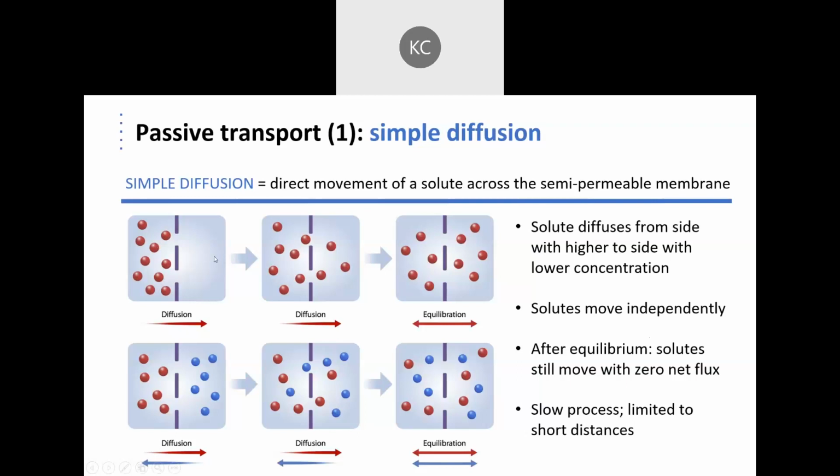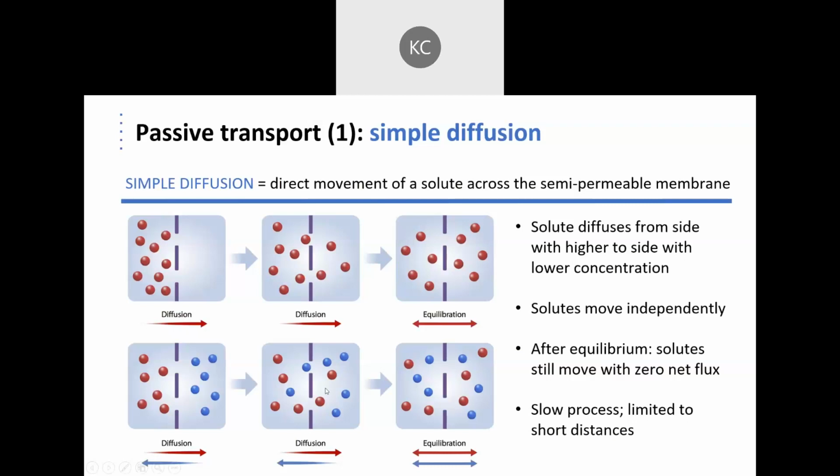So by principles of Brownian motion, we're going to move and diffuse down our concentration gradient until we have equalized their concentrations, okay? So that's the goal here, okay? Now, it doesn't really have a goal in mind, like it wants to do this, but this is what we're going for, right? We're trying to equalize the concentration of solute on one side of the membrane versus the other side of the membrane, okay?